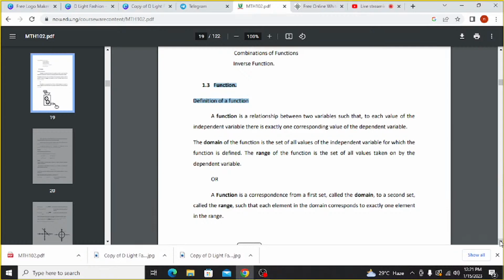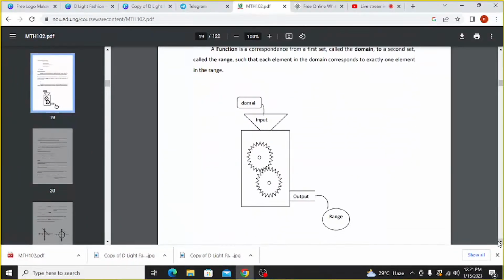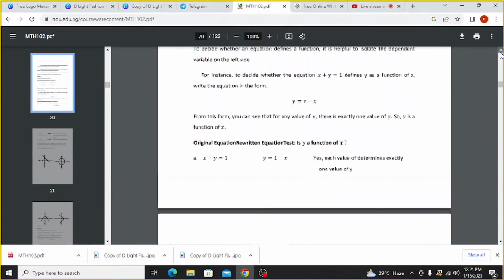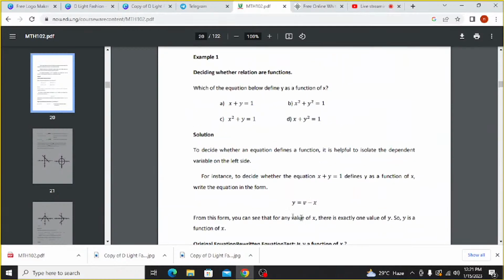So we have the domain, which is the input. I will show you the input later. And we have the output. Our output is our range.